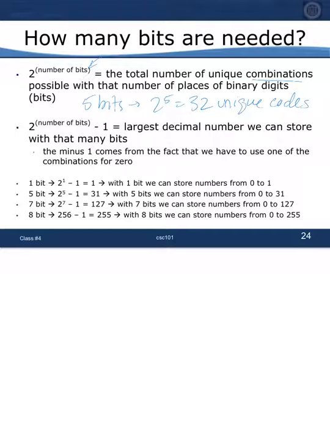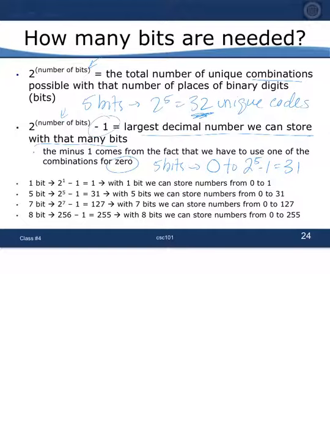And what are those codes? Well, for however many bits you have, you can make every number between 0 and the largest number you can make, which is 2 to the number of bits, minus 1. Again, with 5 bits, you can make the codes 0 to 2 to the 5th minus 1, and 2 to the 5th is 32, so that would be 31.